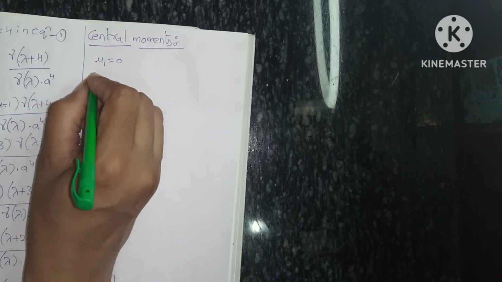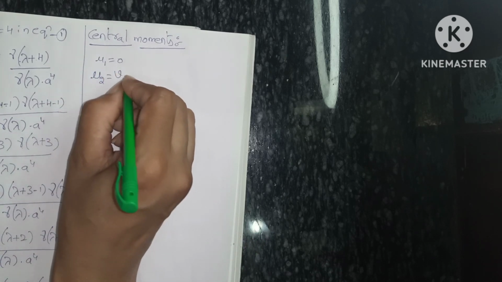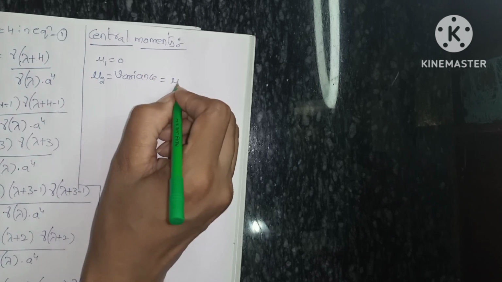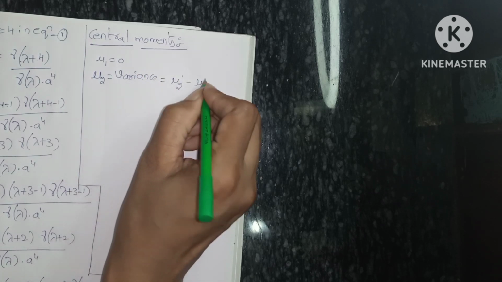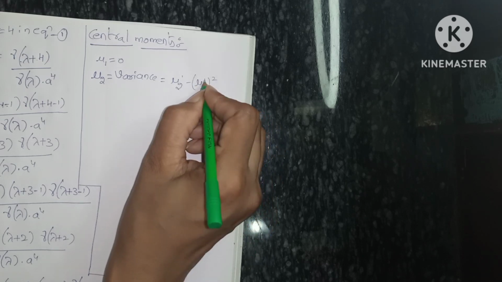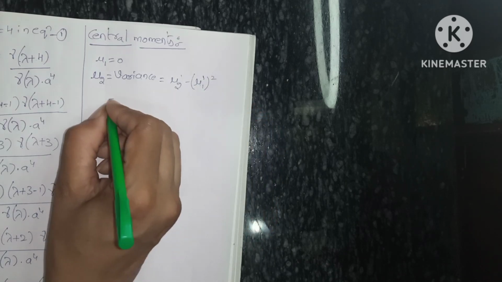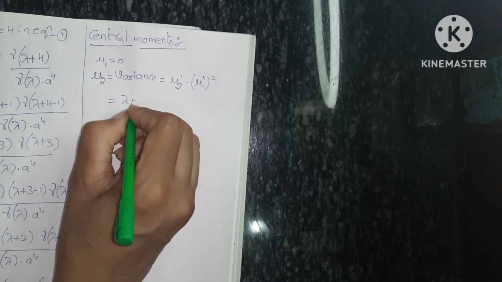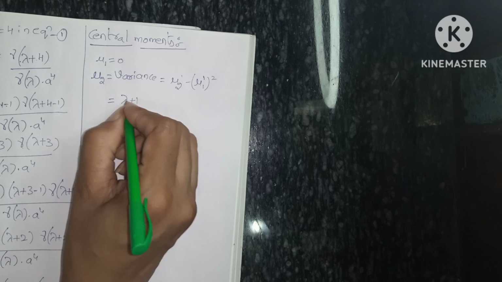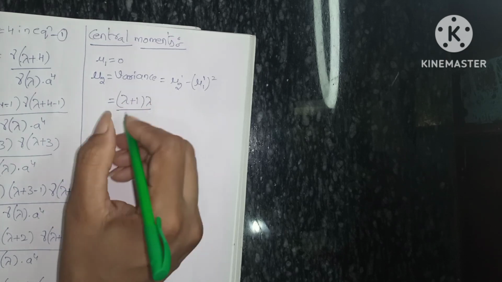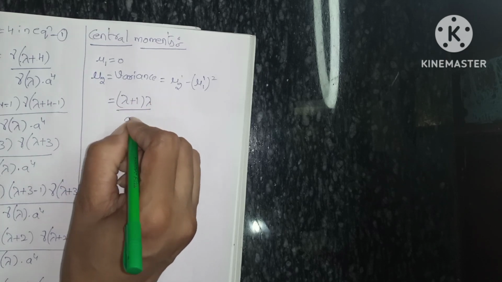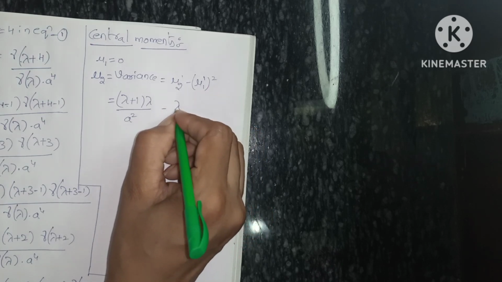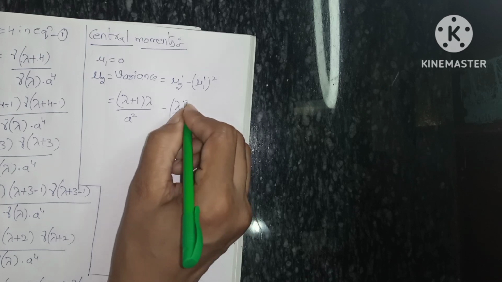So mu2 equals variance. The formula is mu2 dash minus mu1 dash whole square. So mu2 dash is (lambda + 1) into lambda by a square, minus mu1 dash, which is lambda by a, whole square.